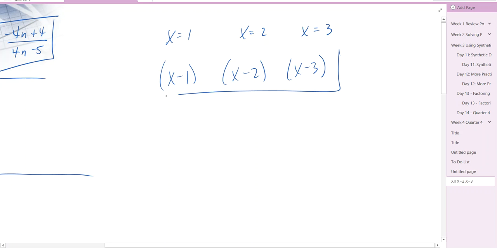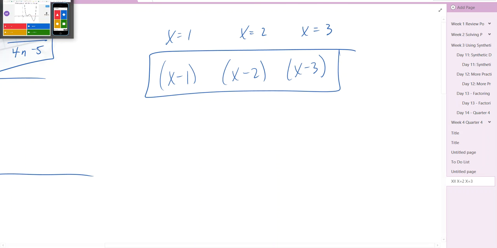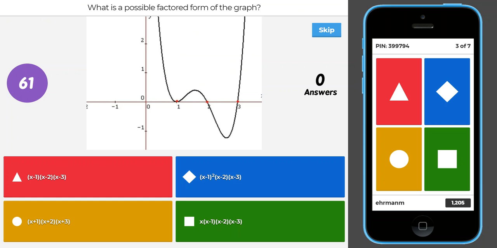And so at first glance, you might think that this is a pretty good answer, and that is a choice here, if I'm not mistaken. Red triangle looks good, but I will caution you, this little turn right here on the graph, you'll notice that the graph doesn't actually go through the x-axis. It just bumps into the x-axis and turns away. It's what we called multiplicity.